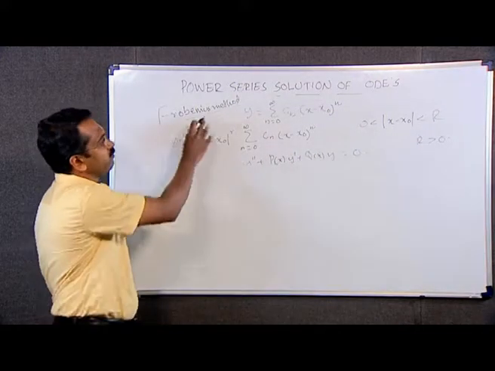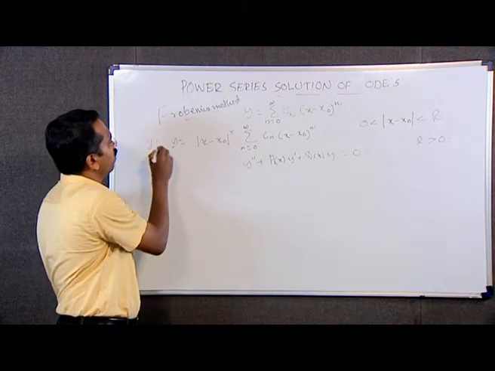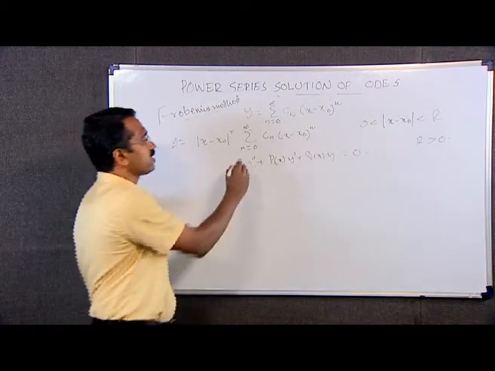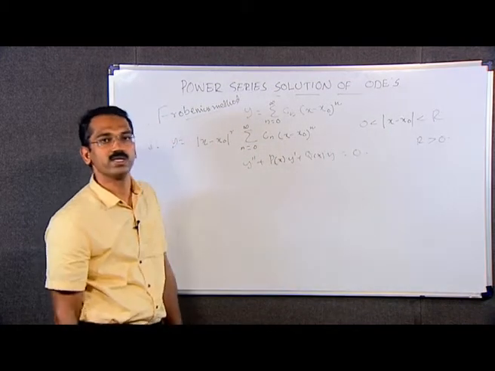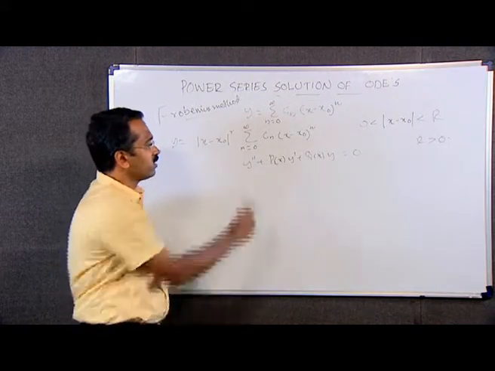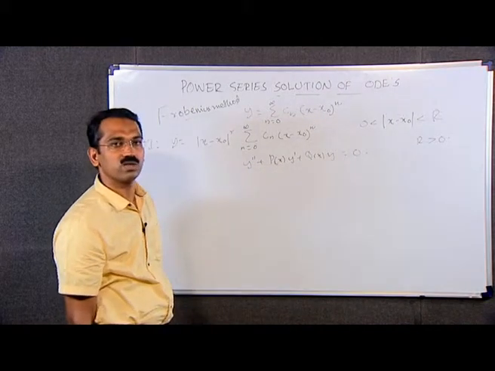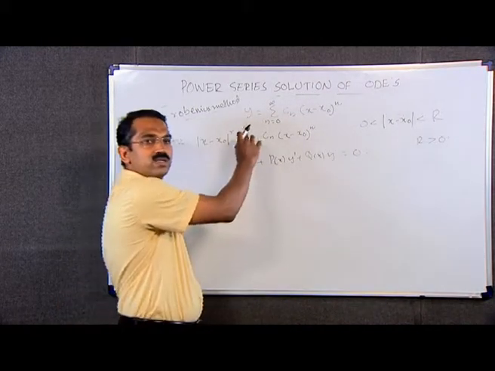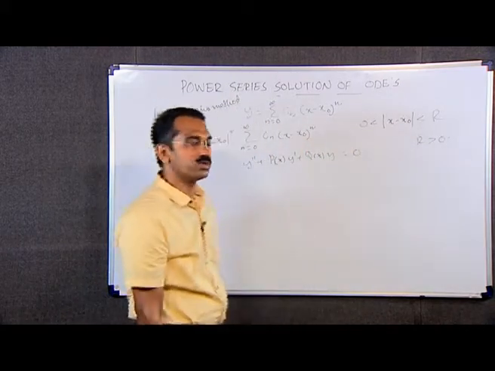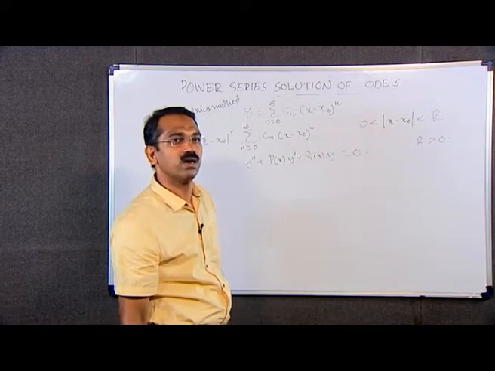The first step in the Frobenius method is we assume a solution of the form modulus of x minus x naught raised to r into summation n varies from 0 to infinity Cn into x minus x naught all raised to n for this second order differential equation with x naught as a regular singular point. The series is valid in this deleted neighborhood 0 less than mod x minus x naught is less than r.